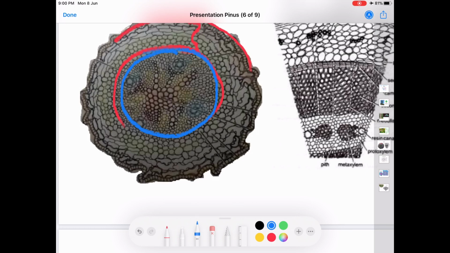That is, if there are two groups of xylem, this is known as diarch. If there are three groups of xylem, it is known as triarch. And if there are four groups of xylem, it is known as tetrarch condition. Here, the xylem is exarch. That is, the protoxylem will be facing towards the periphery and metaxylem is seen towards the center. This condition is known as exarch condition.